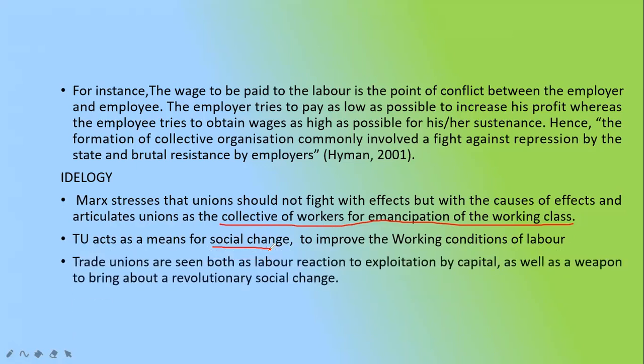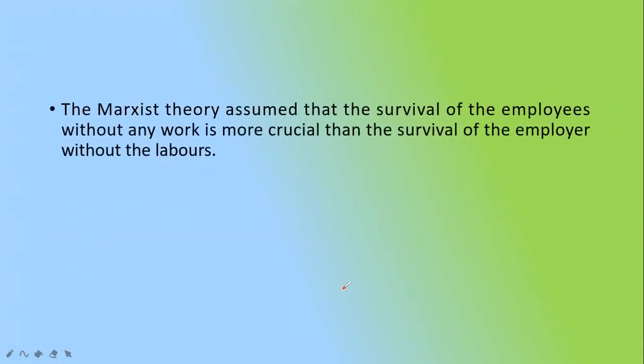Trade unions are seen as labor reaction to exploitation by capital as well as a weapon to bring about a revolutionary social change. And Marxist theory assumes that both employers and employees should be given equal importance.